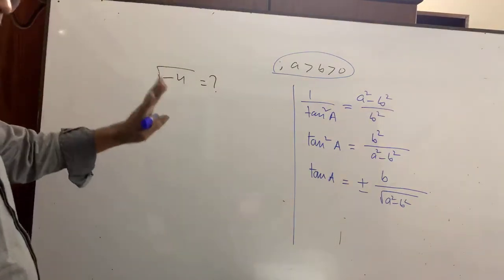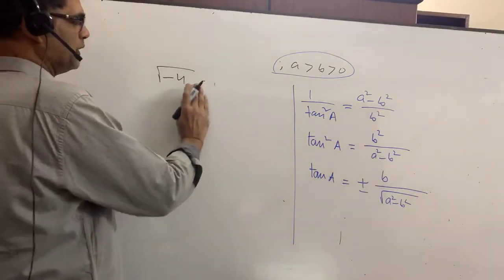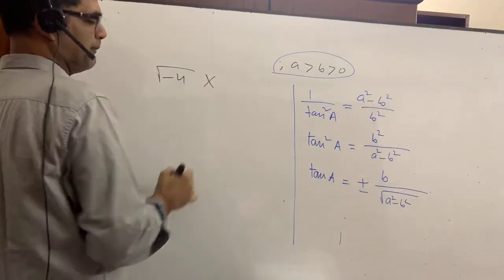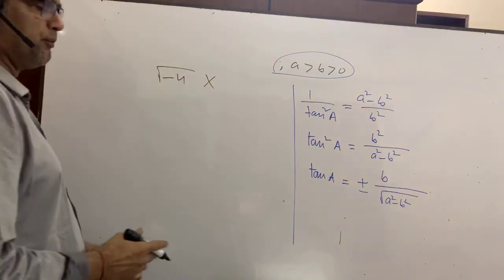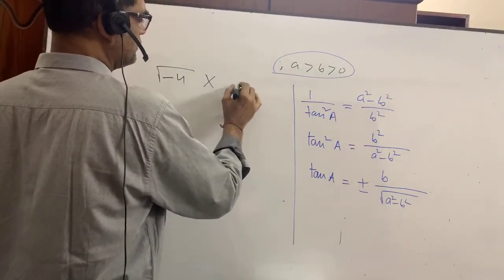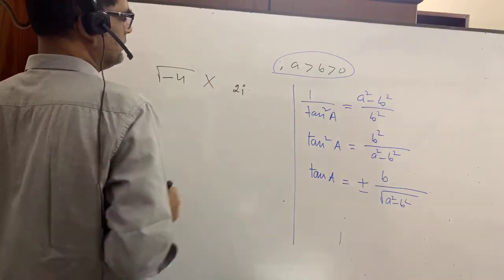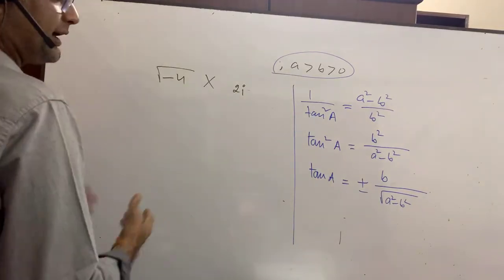What is root over minus 4? We cannot find it. Mathematically it is an error. Okay, but by complex numbers you can find it, it is 2i. But for imaginary we cannot find it.